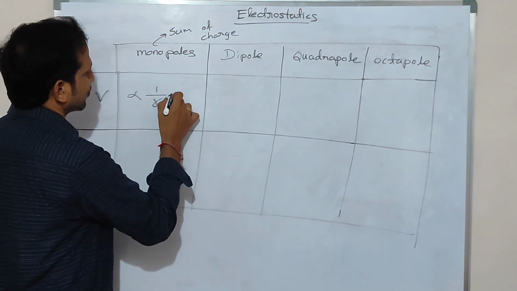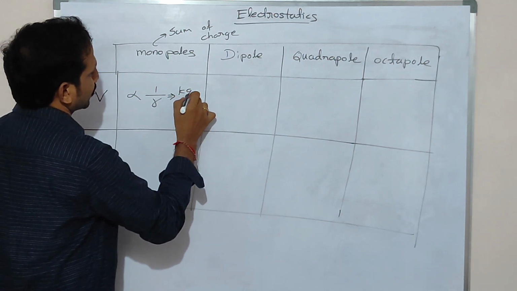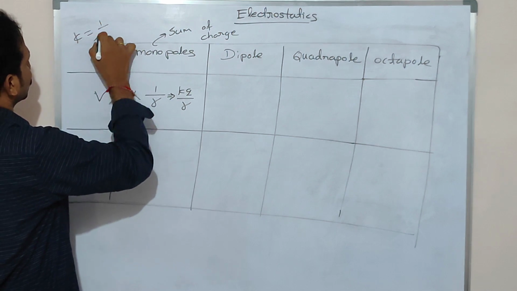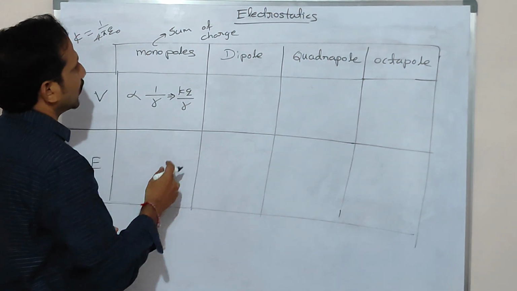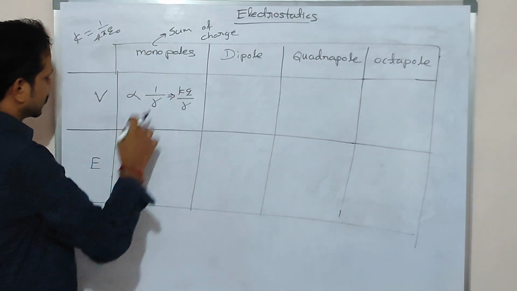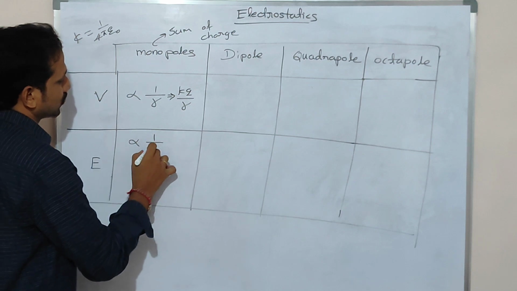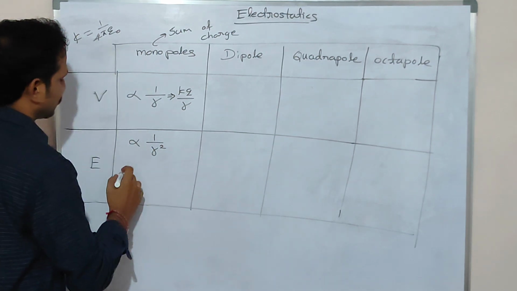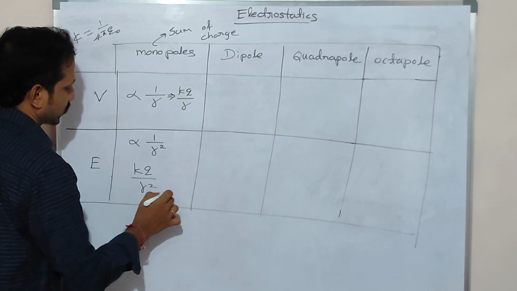Otherwise you can say the equation for the potential is k q by r, where k equals 1 by 4 pi epsilon naught. Due to the same monopole, the field is inversely proportional to r square, and the field expression is k q by r square.